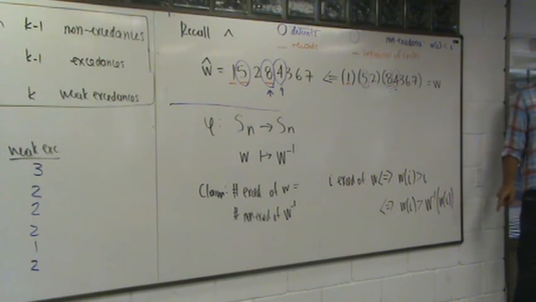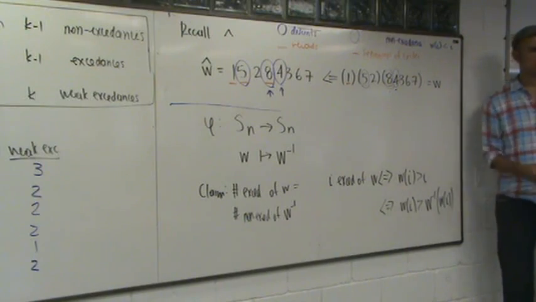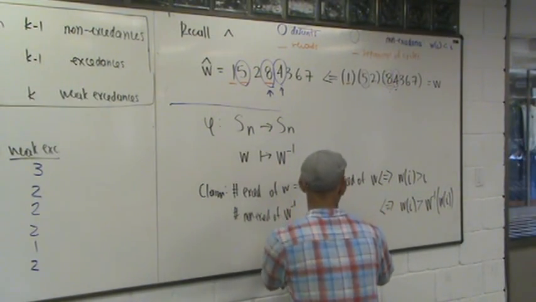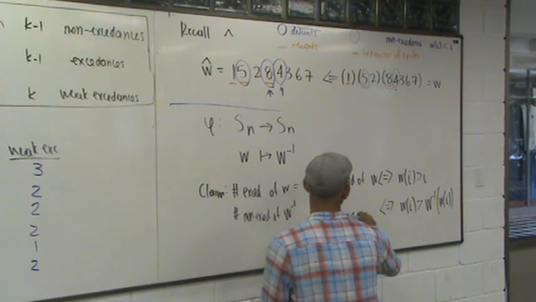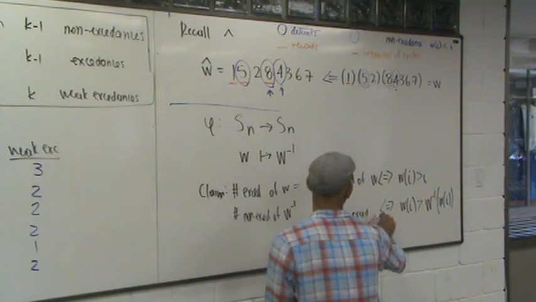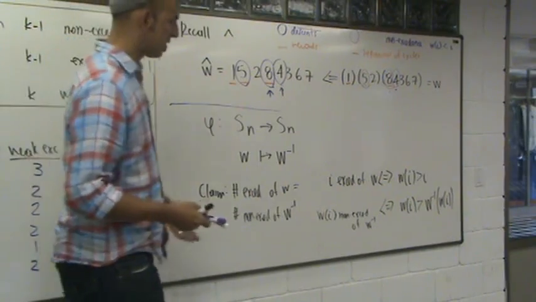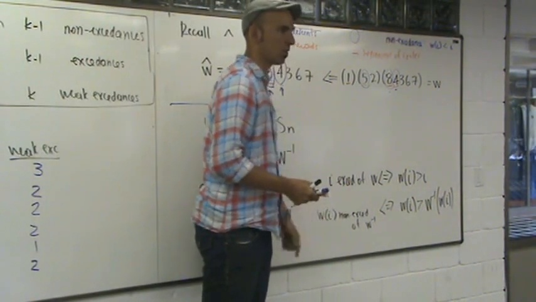And what is this saying? This is saying that W inverse of this thing is less than it. In other words, it's saying that W of i is a non-exceedance of W inverse. And so this is a bijection between the exceedances of W and the non-exceedances of W inverse.